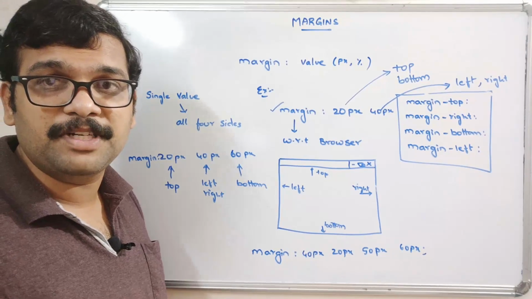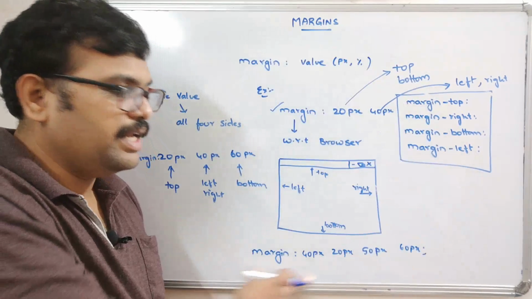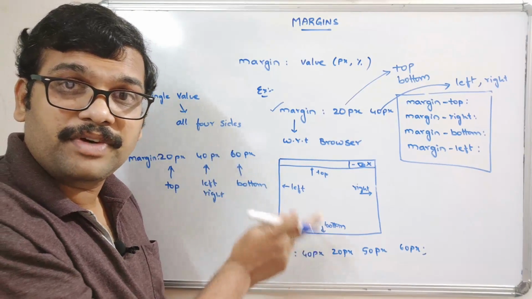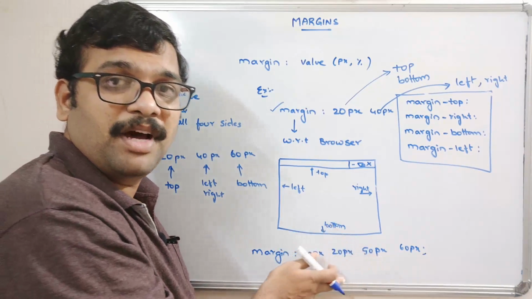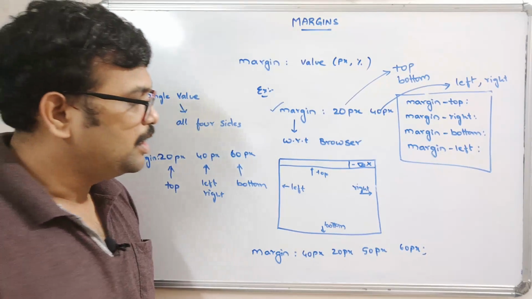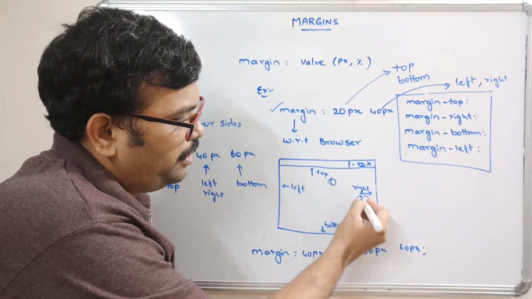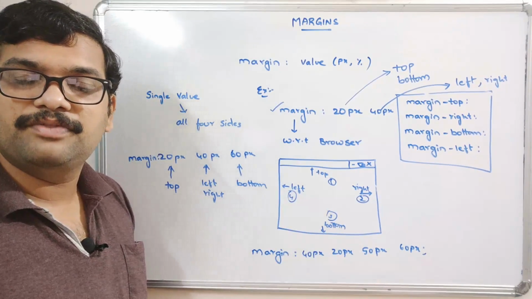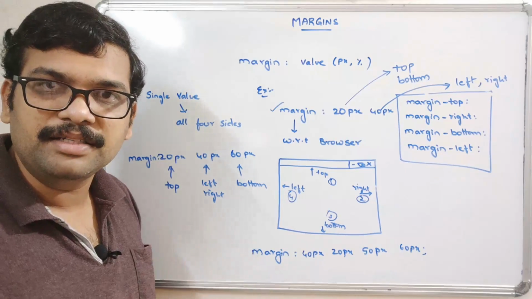We are specifying all four margins in a single line by using the margin property. Here we have to follow the order. The first one is the top margin, second one is the right margin, third one is the bottom, and fourth one is the left margin. So like this we have to apply the margins.